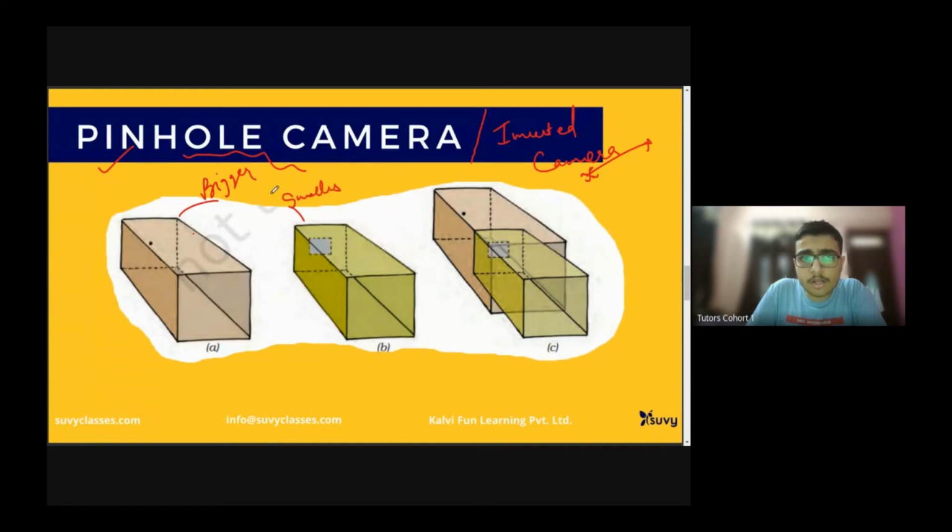In the bigger box I will make a very small pinhole using a thumb pin, and I will take a smaller box which can easily slide into this big box. In this smaller box I'll make a window, or you can say a rectangular patch. It can be 5 to 6 centimeters on a side. You will just cut it out and place a butter paper here.